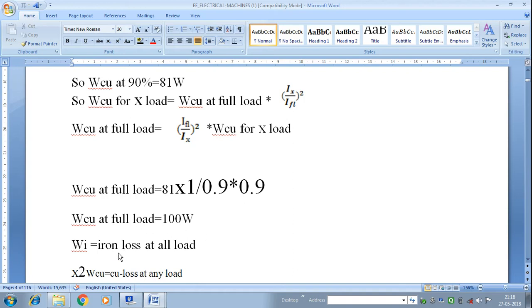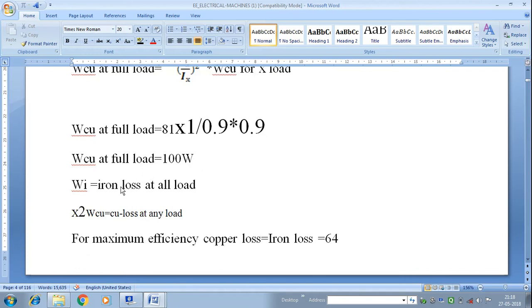So now Wi is equal to iron loss at all load, because the iron loss is always constant, and X square WCU is the copper loss at any load, because already we know that the copper loss is the I square R loss, therefore according to current variation, X square WCU.